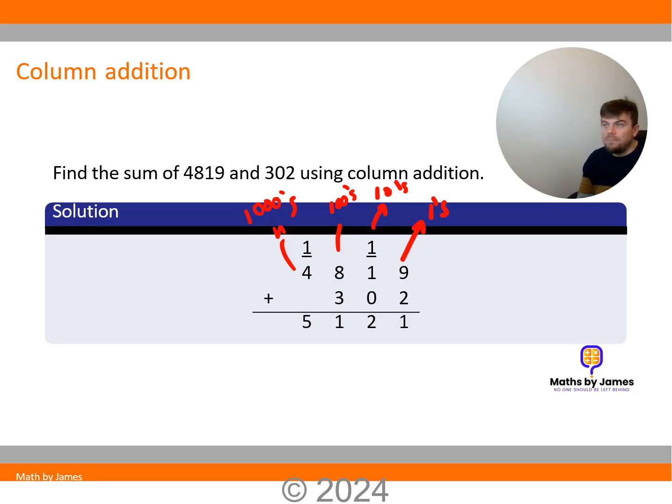So what we do here is we keep one of the ones in the hundreds and the other one goes into the thousands, because our hundreds have overflowed by 1. So this means we have 1 thousand plus 4 thousand. This then gives us 5,000. So our final answer is 5,121.